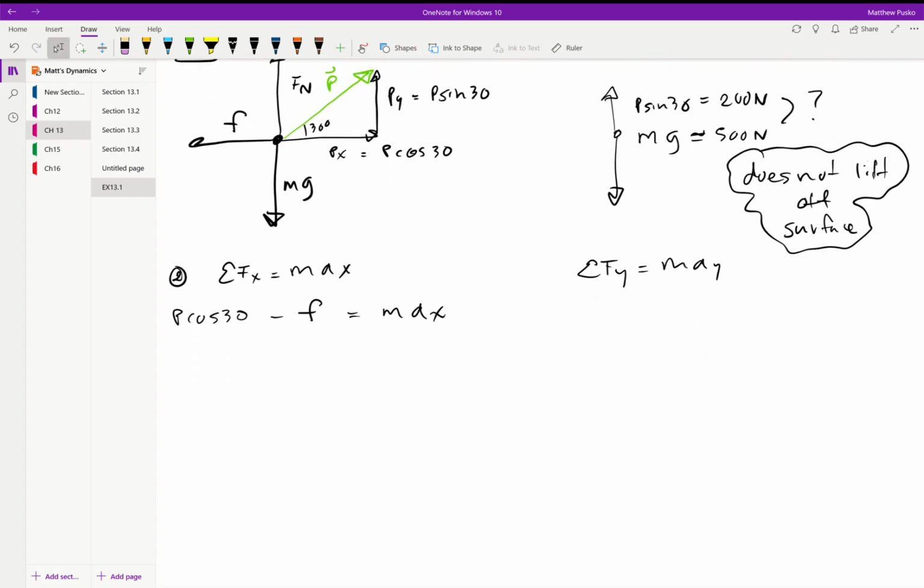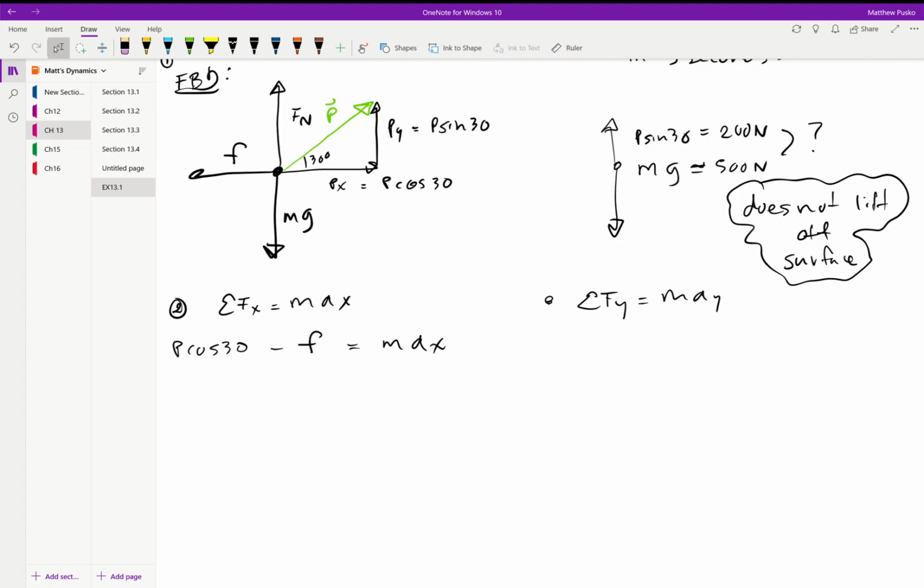Okay, so continuing summing the forces in the y direction right here. I have a P sine 30 going up. I have a normal force going up. And then I have an mg going down. That equals mass times the acceleration in the y.